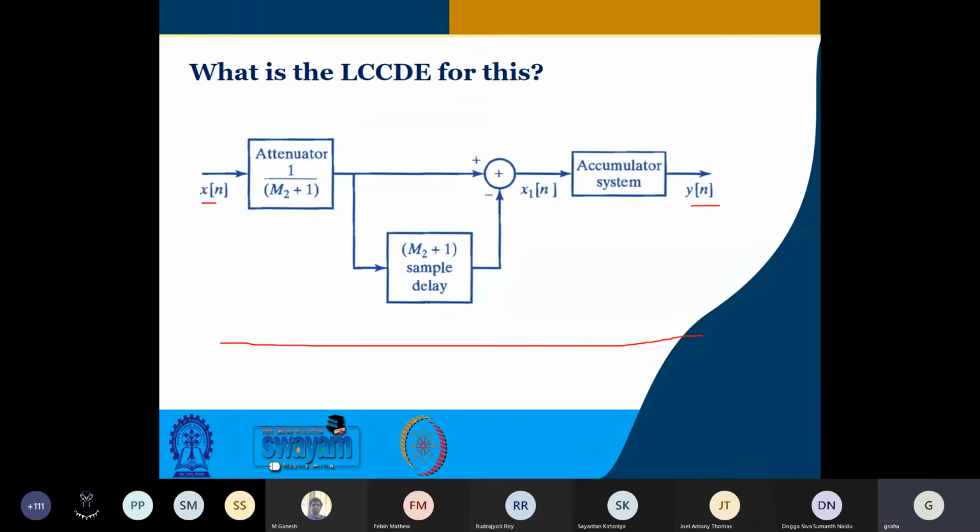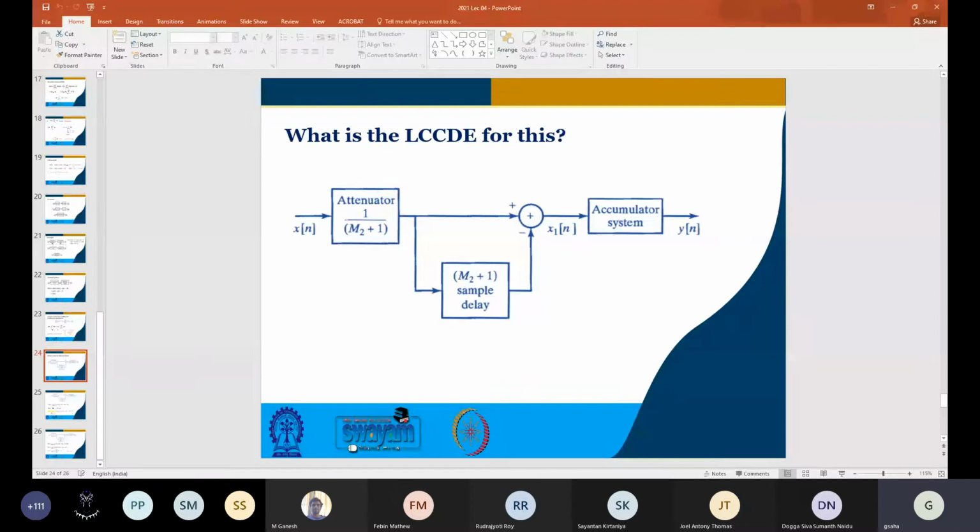Now you write the equation for this. Sridhar has come up with something. Oh, that was the previous problem. The current problem you write.